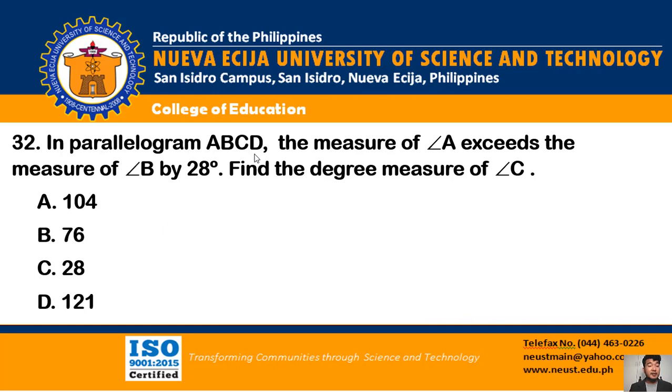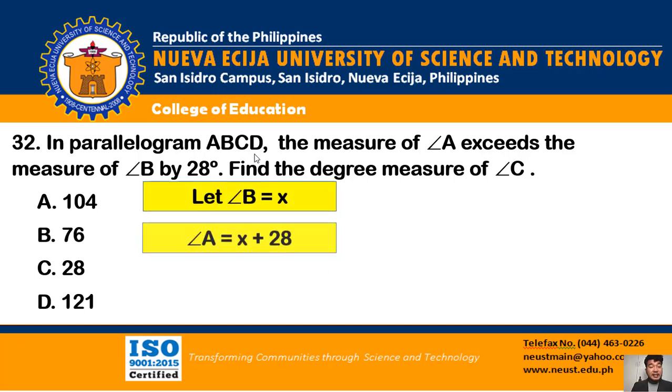Number 32. In parallelogram ABCD, the measure of angle A exceeds the measure of angle B by 28 degrees. Find the degree measure of angle C. Okay. Let angle B equal x and angle A be equal to x plus 28.